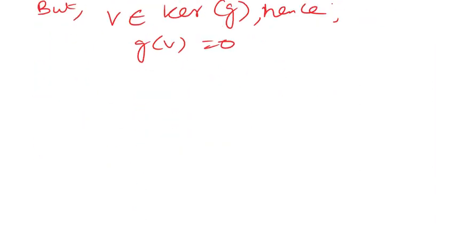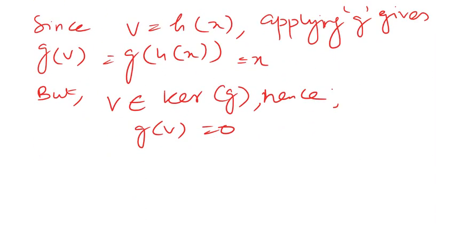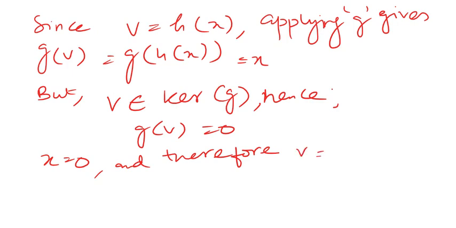That means x also becomes 0, and therefore v equals h of 0 equals 0.